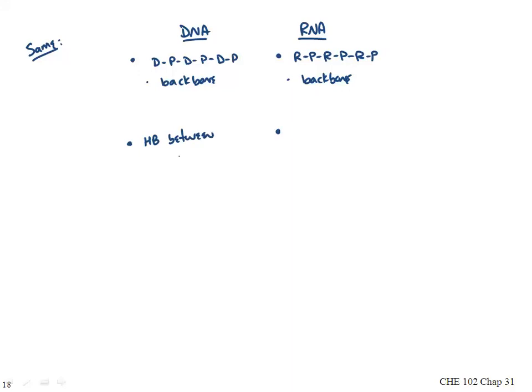The other important thing that's the same about them is the hydrogen bonding between base pairs. I don't know why I'm making two lists, because if these are things that are the same, they belong to both of them. So it's the hydrogen bonds between both base pairs, meaning that they're both capable of forming those hydrogen bonds. That means that when you match up DNA and RNA, you can very easily keep them that way.